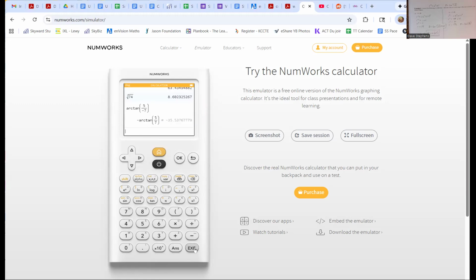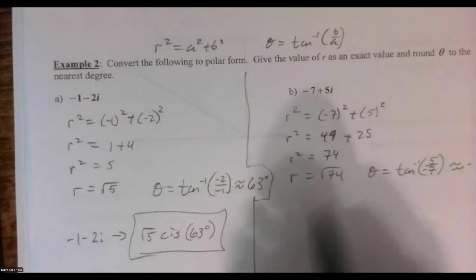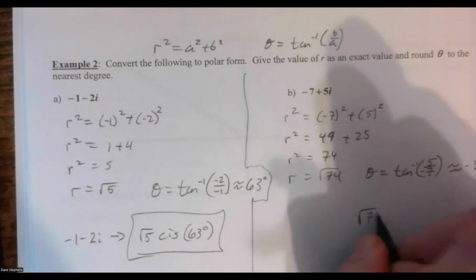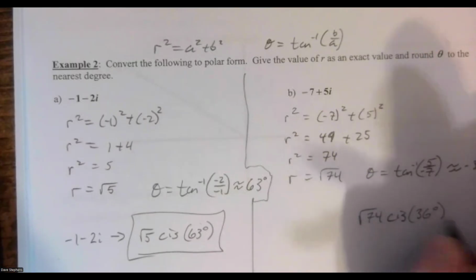And that kicks back at -35.5, rounded to -36 degrees. Oh, man. Boy, did we make boo-boos. Let's just finish this here. This would be square root 74 CIS 36 degrees.